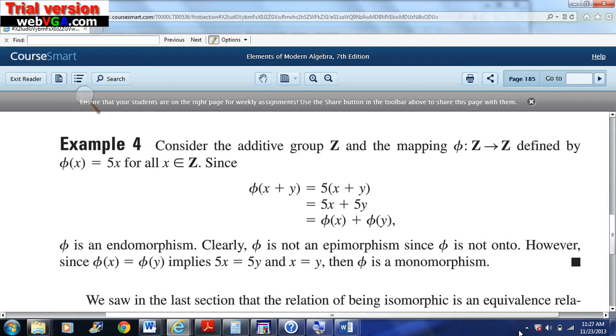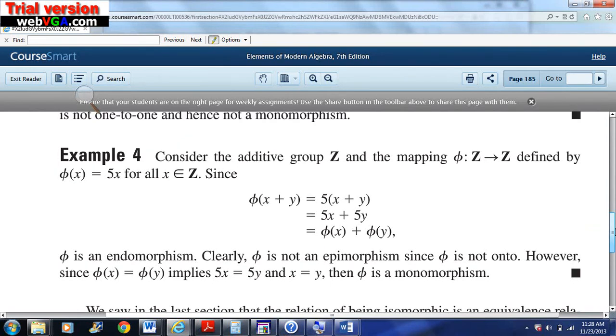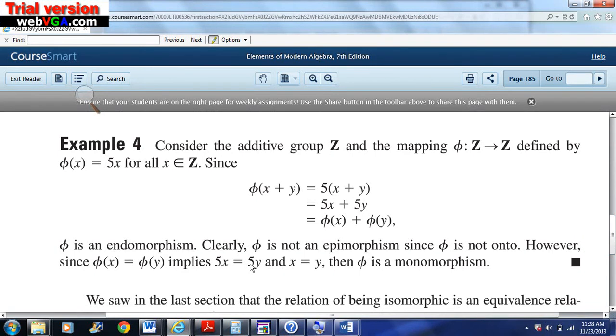And also, it would be an endomorphism because, as mentioned on the previous page, it satisfies the definition of endomorphism. Clearly, phi is not an epimorphism since phi is not onto.